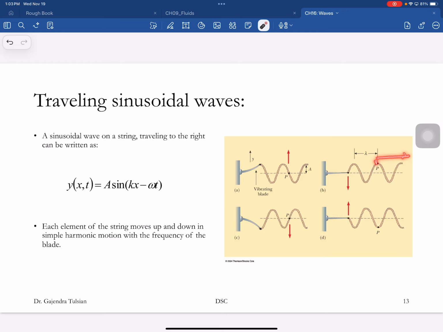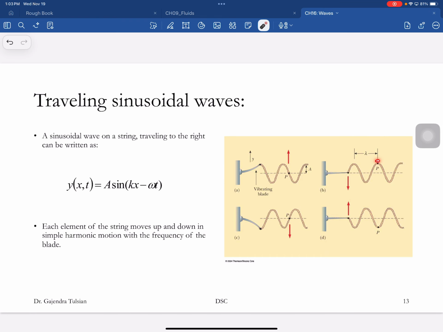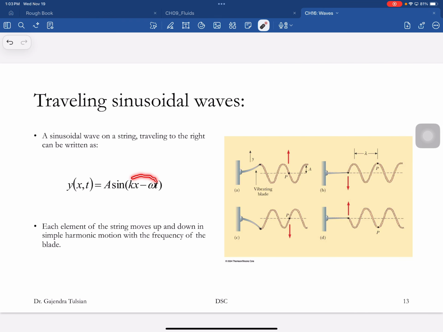You find out at what speed that point is traveling, and that's the wave velocity. It turns out that this term is called the phase of the wave.